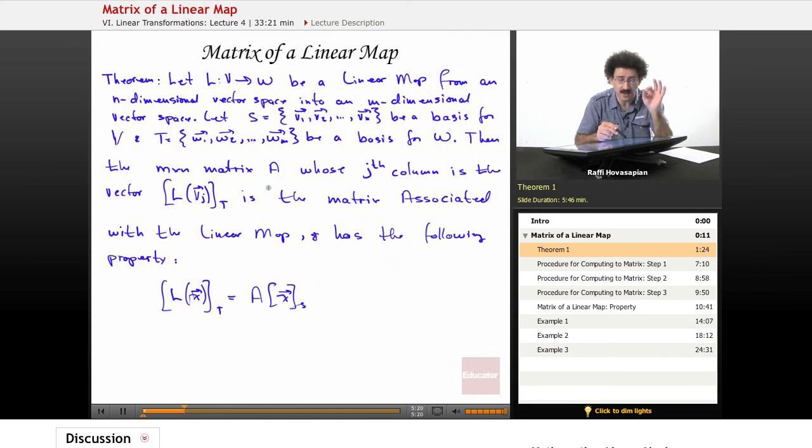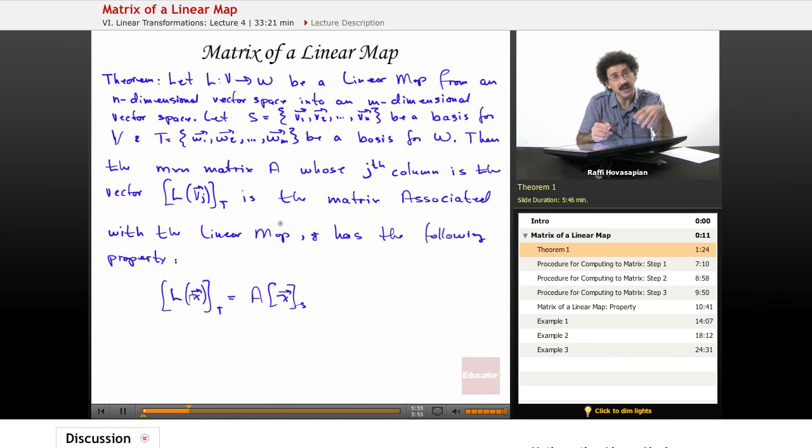The columns of the matrix are as follows. If I want the first column, I perform L, the linear map, on the basis vectors for the departure space. Once I find those values, I find their coordinate vectors with respect to the basis T. You remember coordinates? Once I put them in the columns, that's the matrix that's associated with this linear map.